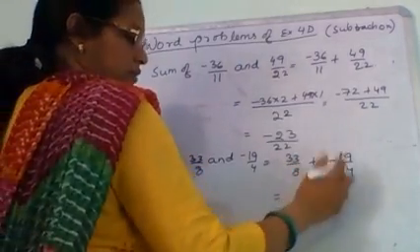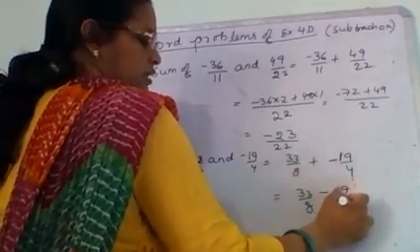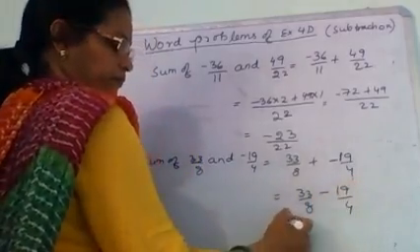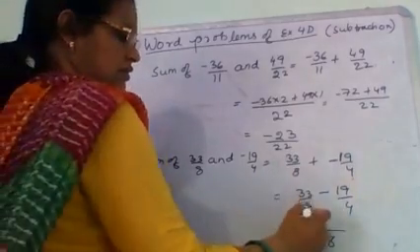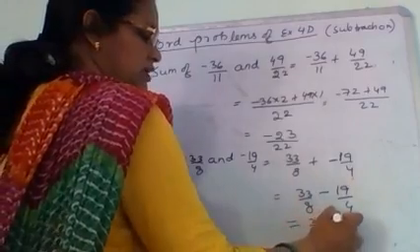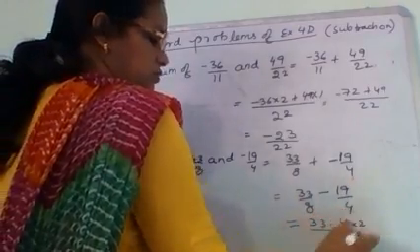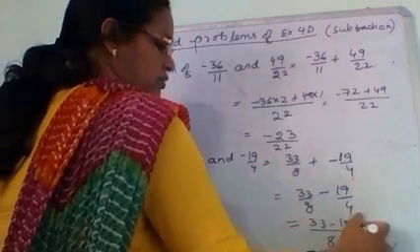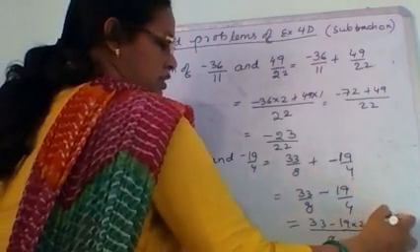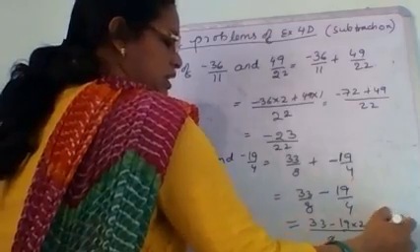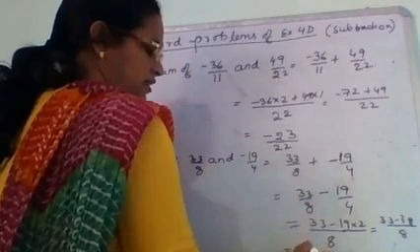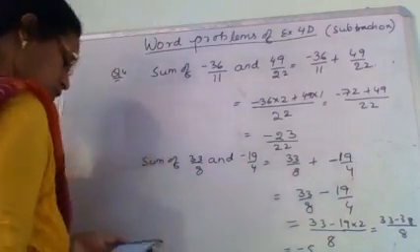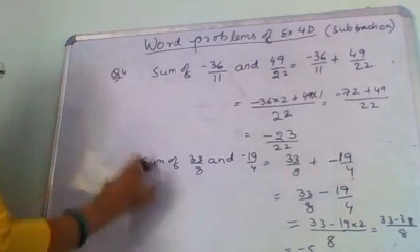So plus minus 19 by 4. LCM 8, 33 minus 19 into 2. 33 minus 38, minus 5 by 8. Now what they are saying is subtract this sum from this.